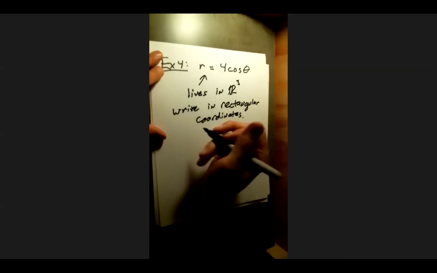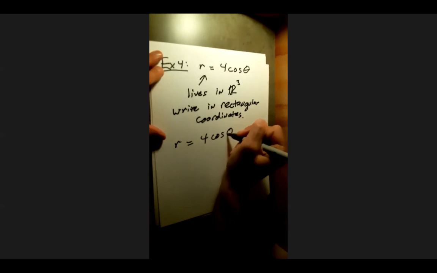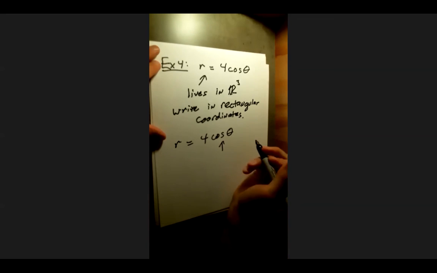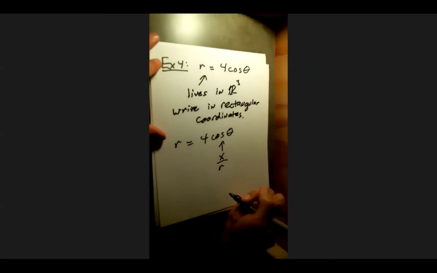So we can take our cosine theta and rewrite it as x over r.